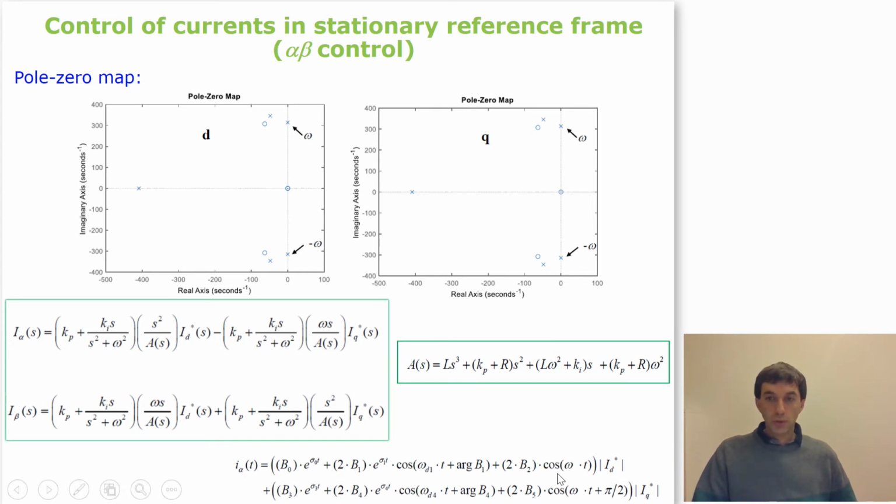Sorry, these two terms are coming from these two poles, and this natural or transient response is coming from these three poles. This is the real pole, and these two complex conjugate poles are these terms. And these are the time domain expressions, please remember, for step inputs.